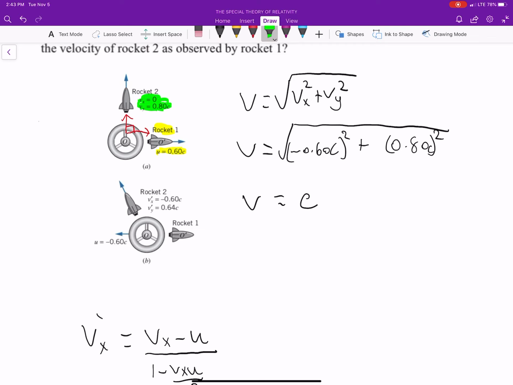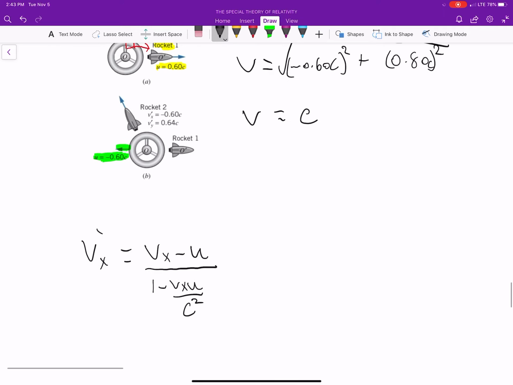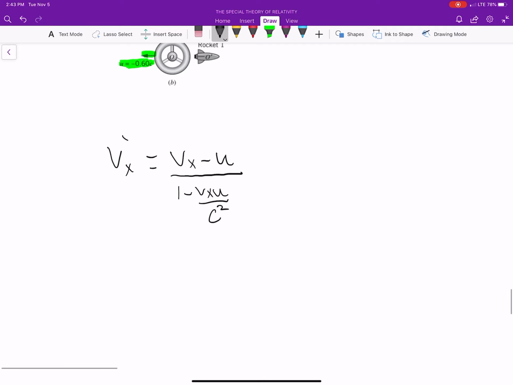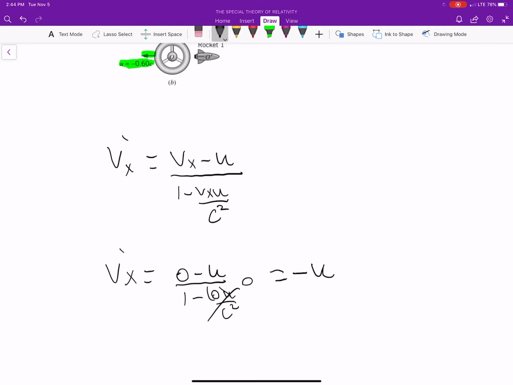But from the perspective of rocket 2, it looks like rocket 1 is moving to the left at negative 60% the speed of light, because that's how fast rocket 1 is moving. So v prime x equals 0 minus u all over 1 minus 0 times u over c squared. Multiplying by 0, that's just 0. So it's just negative u, which is what we expected, right? Just negative 0.60c.